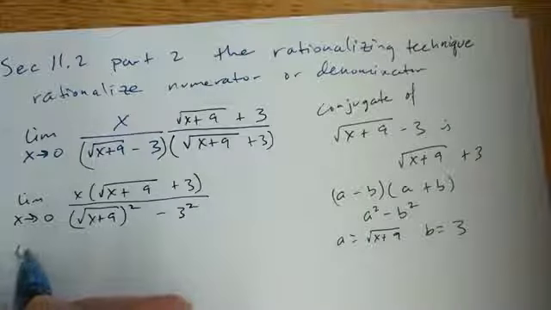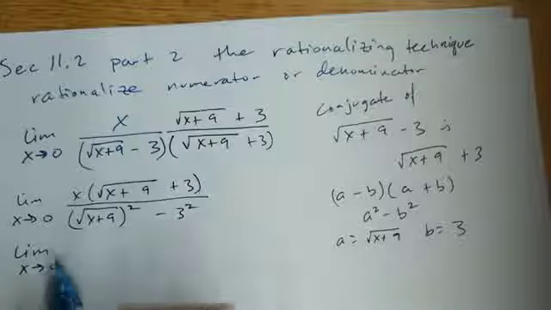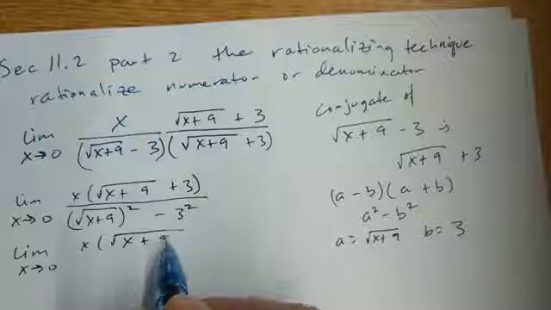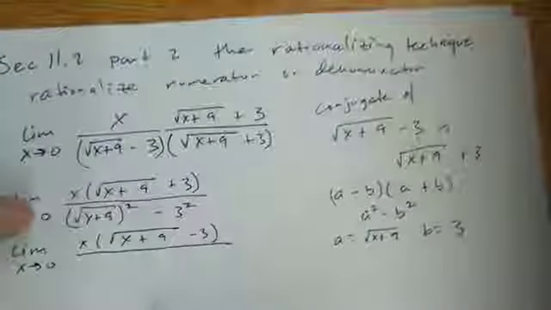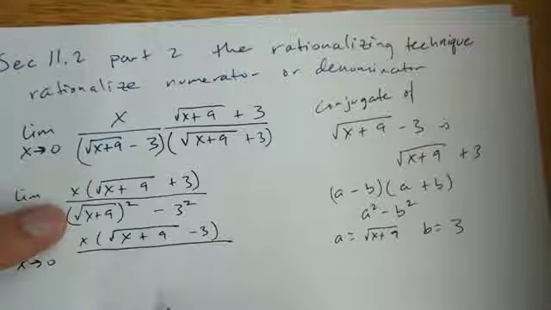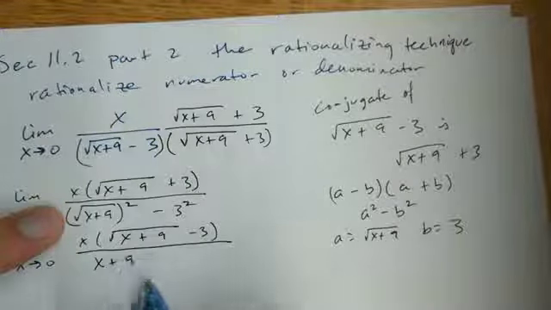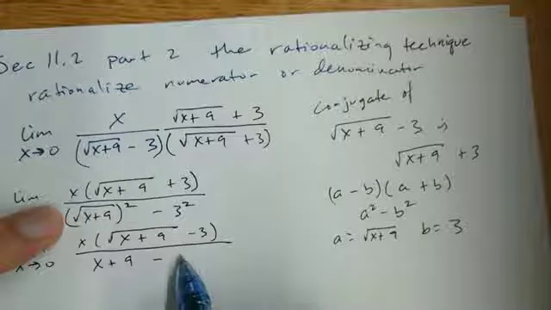And now we'll work on simplifying our expression. We have the limit as x approaches 0 of x times the square root of x plus 9 minus 3, all divided by the square root of x plus 9 squared is just x plus 9, minus 3 squared, which gives us 9.